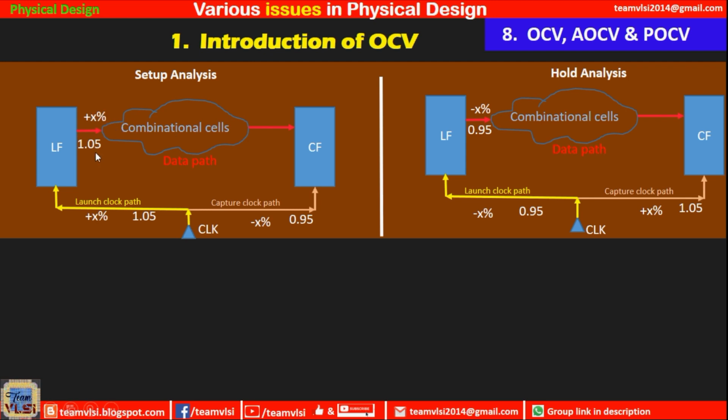For the data path, we will consider the late scenario, and for the launch clock path we will also consider the late arrival, and for the capture clock path we will consider the early arrival. That's the worst case, and we have to consider the worst case when taking care of setup analysis, so that setup is not violated.